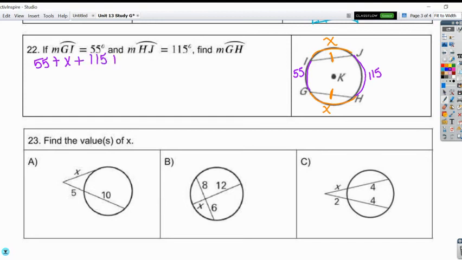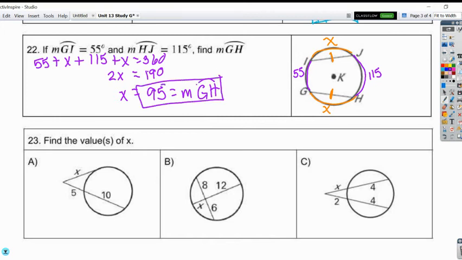So the 55 and the x and the 115 and the x together need to be 360 degrees. So when I do that algebra, 2x is equal to 190, divide both sides by my coefficient 2 then, and so I get 95, and that is indeed exactly what we had labeled as our arc GH. The arc was represented by x, so 95 degrees in it.